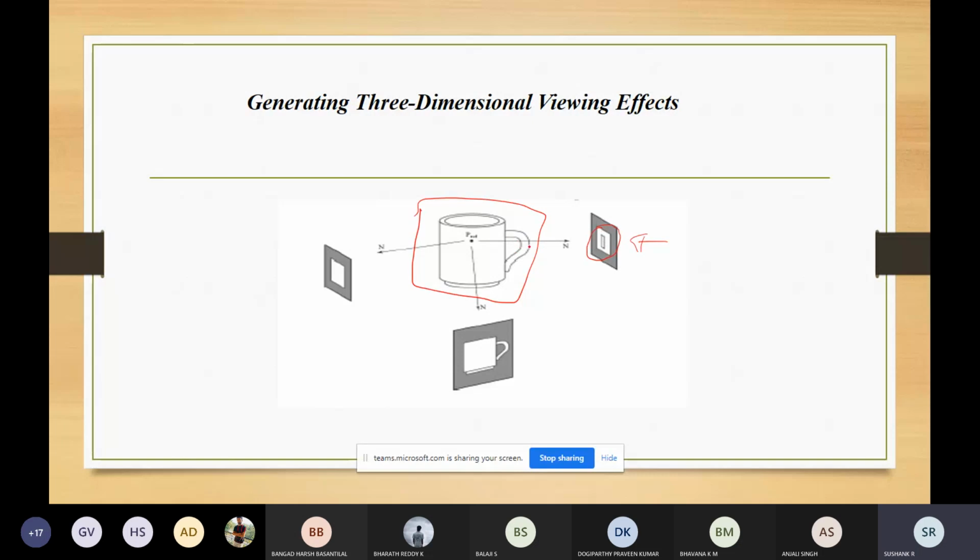This handle is in the form of a rectangle, and this cup is also looking like a rectangle. So this is from the side direction. When the vector n is in this direction, you're able to see only like this. This is the handle from that view, and this is the cup.